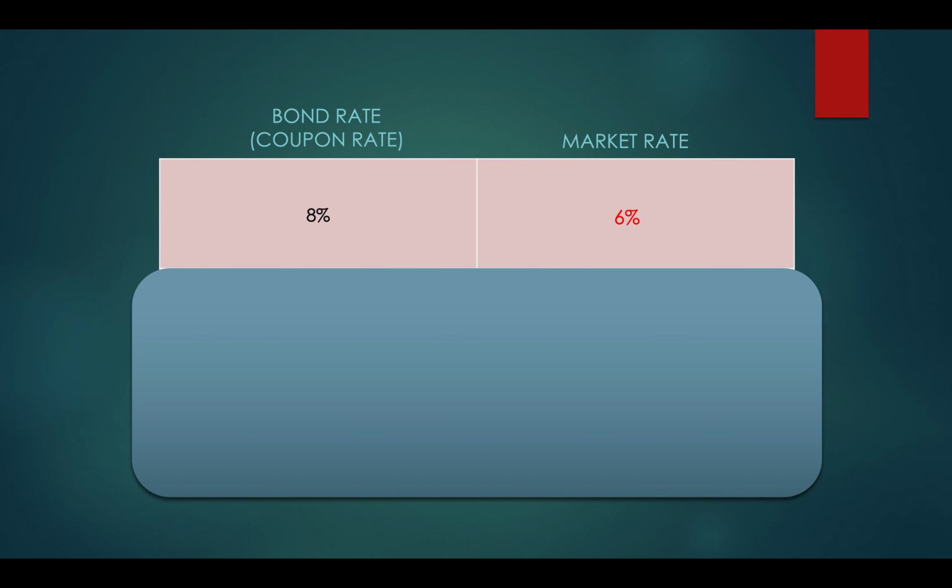However, we realize that the market is offering a 6% return to those same investors if they don't go with our bond. So all of a sudden we're offering a substantially higher interest rate on this investment than Mr. Creditor is able to get out in the market. So guess what? We're going to charge you a premium.